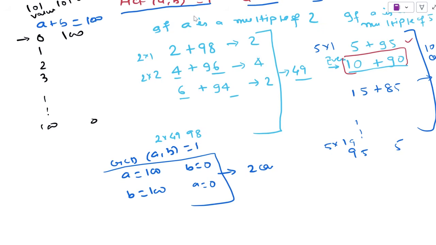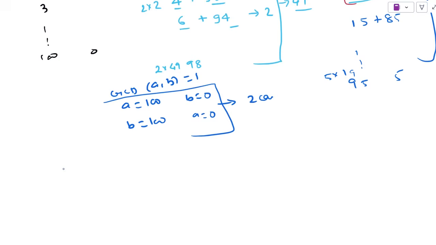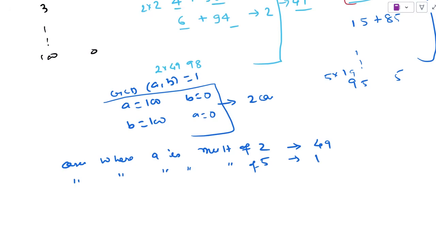So how many cases have we excluded? We excluded cases where a is a multiple of 2: 49 cases. Where a is a multiple of 5, this has to be excluded: 10 cases.